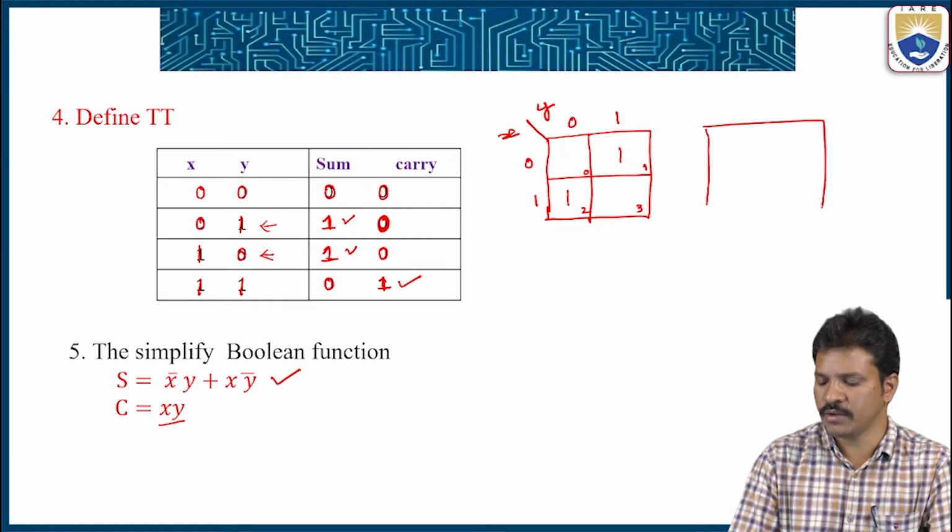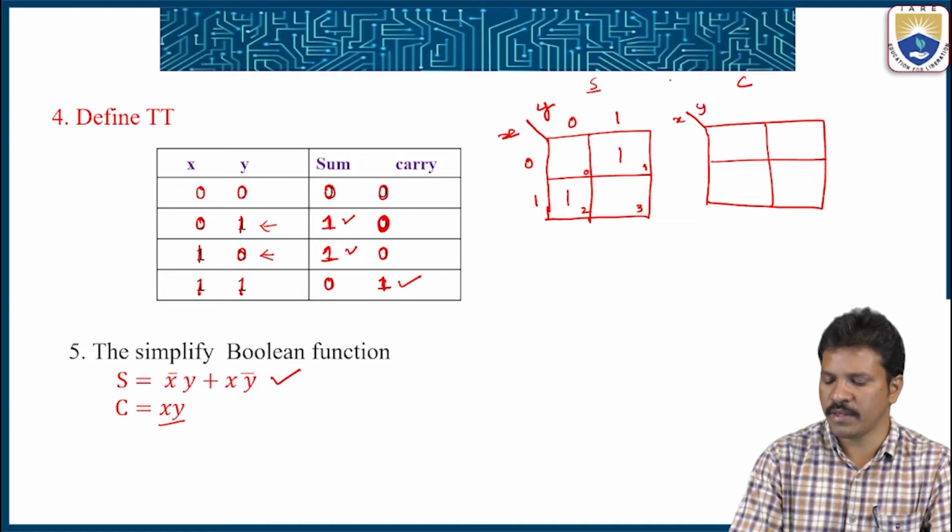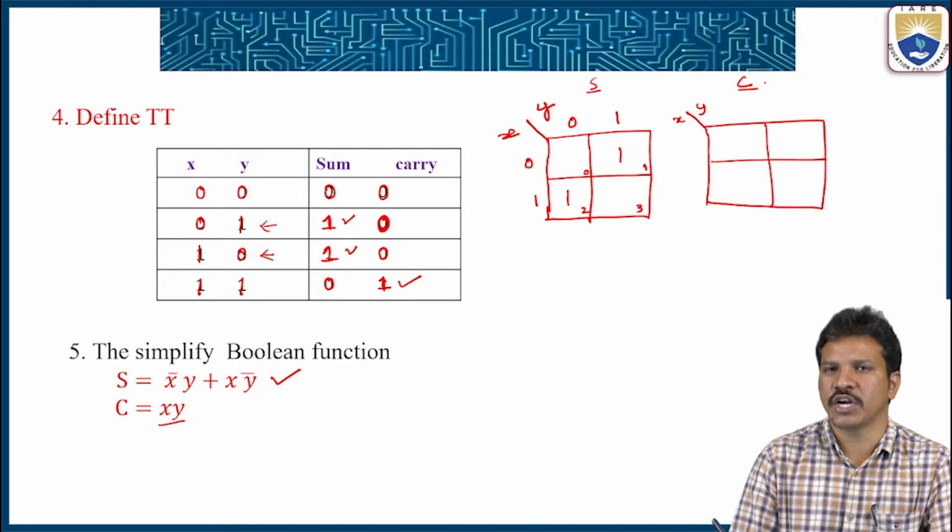For the carry also, you can take the K-map. This is the sum K-map, and this is the carry K-map. Each output column has its own Karnaugh map. In the carry map, only 1 1 has its corresponding output high, and the remaining will be 0.